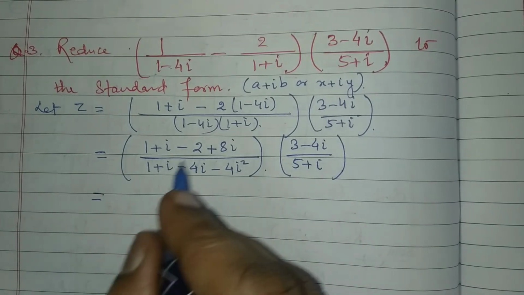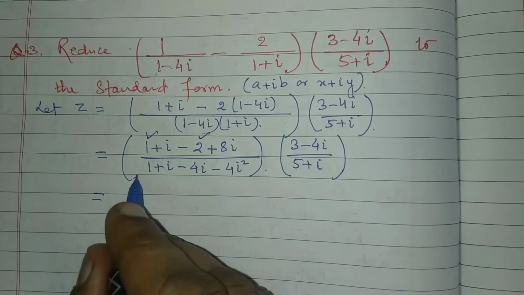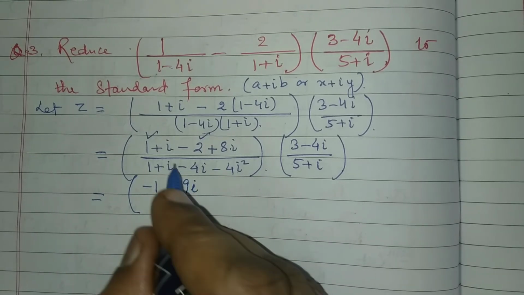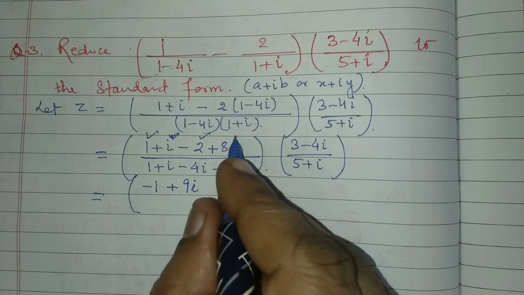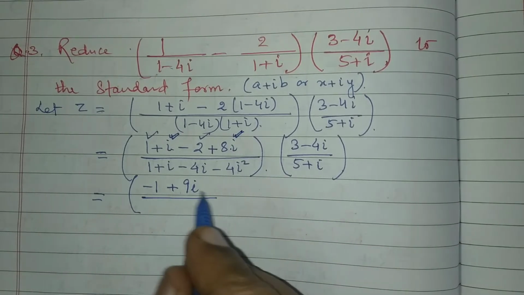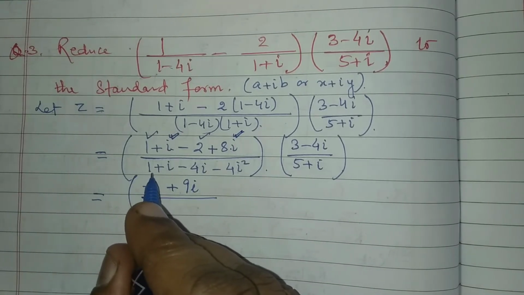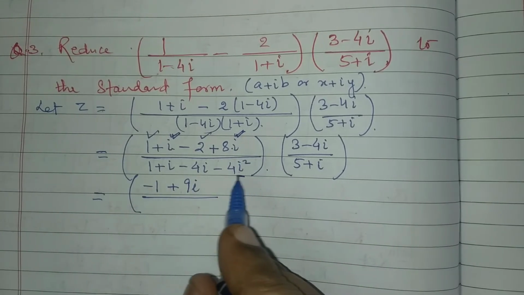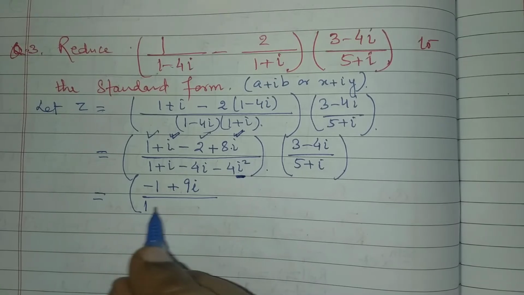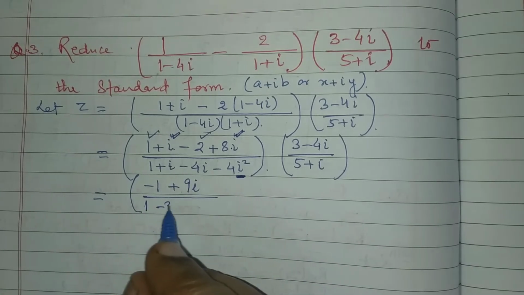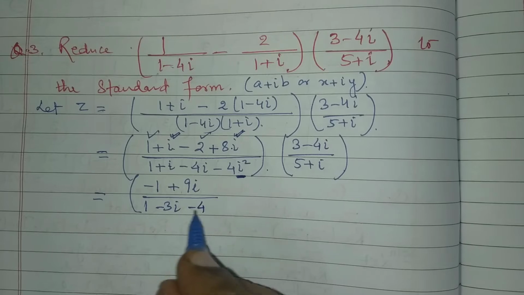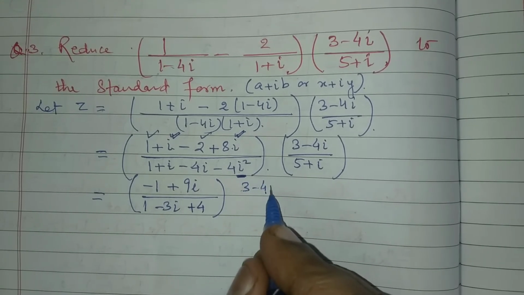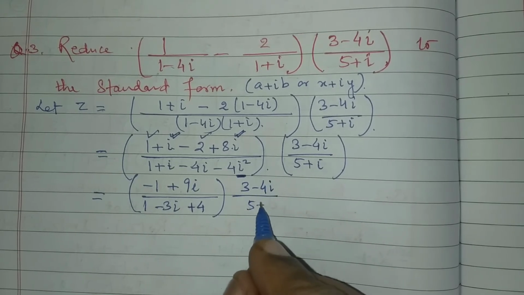So only we have to simplify here, 1 minus 2, so it is equal to minus 1, and this is plus 9i, this one imaginary part. So here i square is equal to minus 1, so 1, and this is minus 3i, and this is plus 4, and then 3 minus 4i divided by 5 plus i.